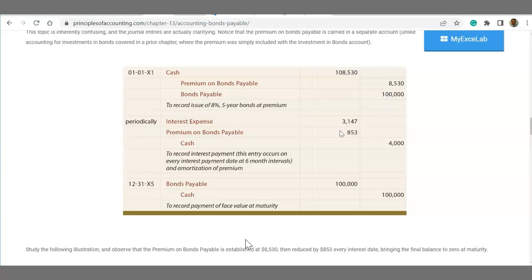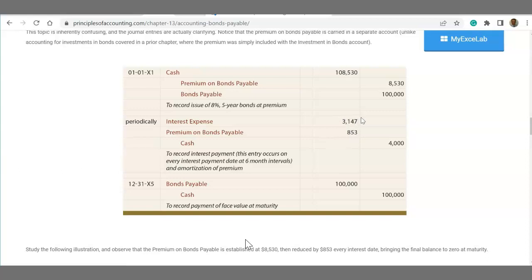However, every 6 months that we go forward, this liability that you see here, 8,530, will be amortized, and therefore the liability goes down. Liability goes down a little bit, but I record less expense.